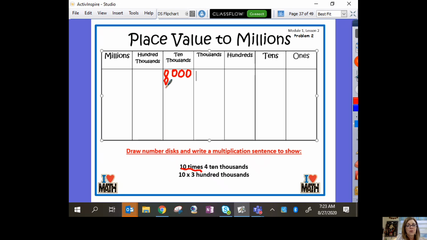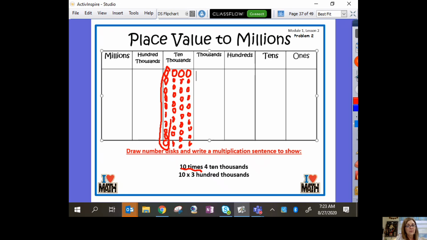So that's 1, 2, 3, 4, 5, 6, 7, 8, 9, 10, and then another 10, and another, and another. Now I started with 4 10,000s, but we multiplied it by 10.